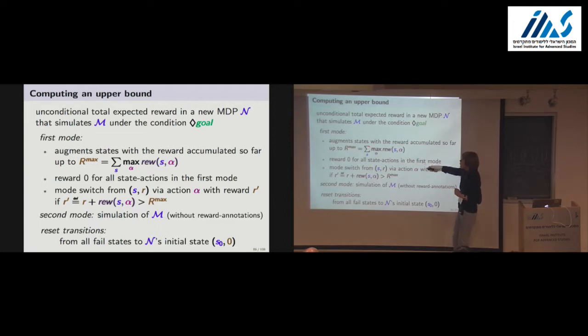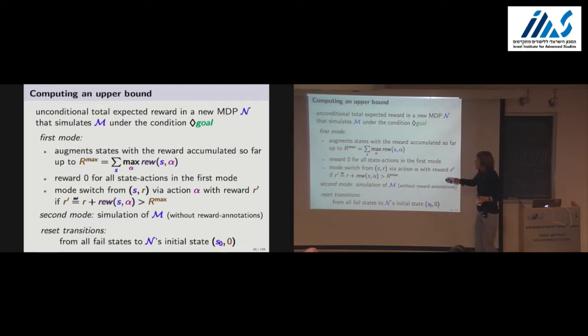So we sum up over all states, and we take the maximal reward for the state-action pairs for state S. If we are beyond this bound, then we know that we must have seen a positive cycle. But if we have seen a positive cycle, then we know this is only possible under schedulers that reach the goal state with positive probability, which means that then you cannot have an end component. In particular, this cannot violate this weight divergence condition.